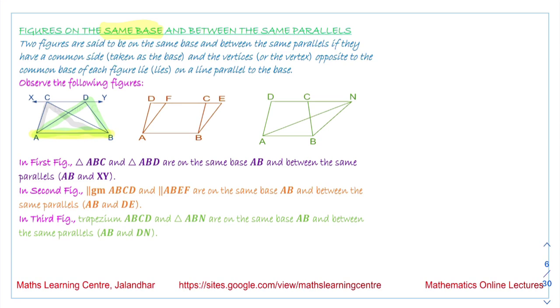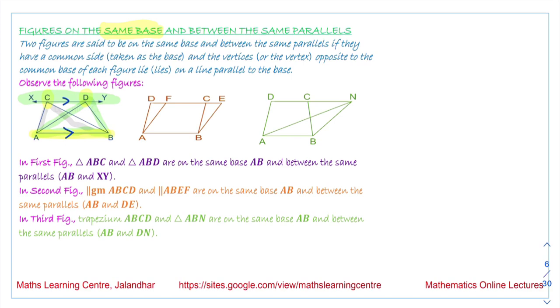We are talking about vertex C and vertex D. These two vertices lie on a line XY, and this line XY is parallel to AB.